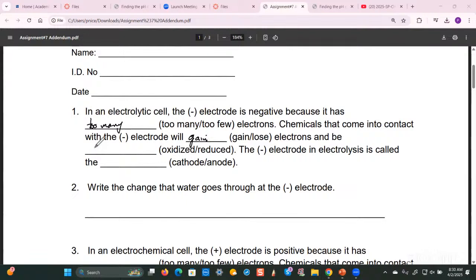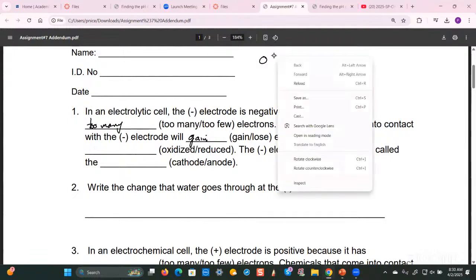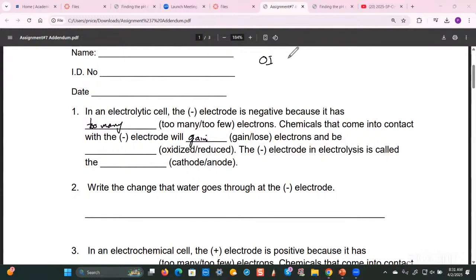If something is gaining electrons, what is it undergoing, oxidation or reduction? Reduction. Remember OIL RIG? Oxidation involves loss of electrons. Reduction involves gain of electrons, right? So that should help you to remember. Because you're gaining electrons here, this would be reduced.